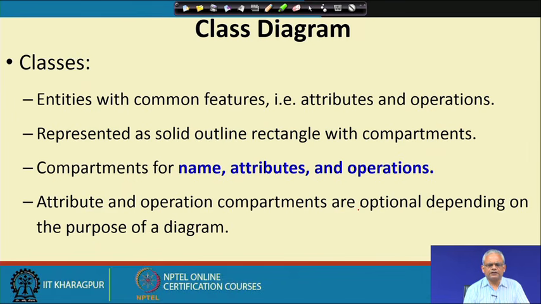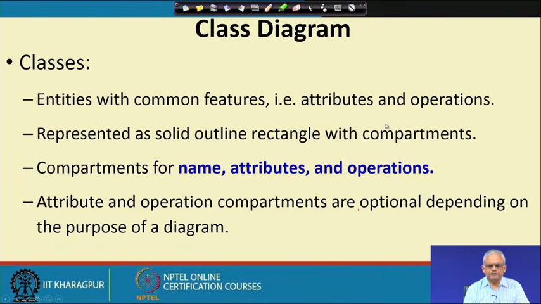Now, let us look at the class diagram. We know that classes are entities with common features. These have attributes and operations. Each class can be instantiated into objects. All objects have similar attributes and operations.